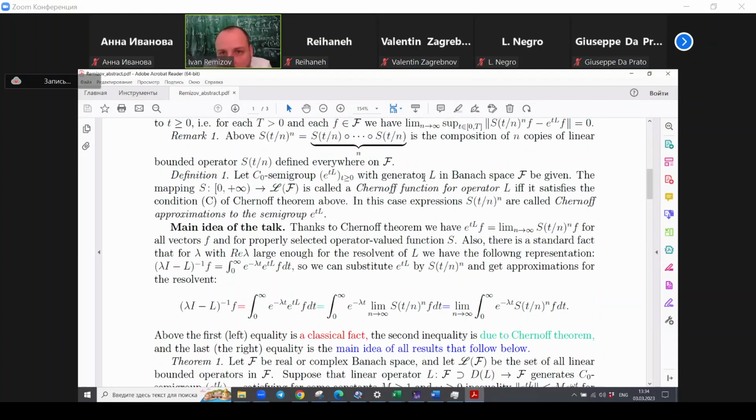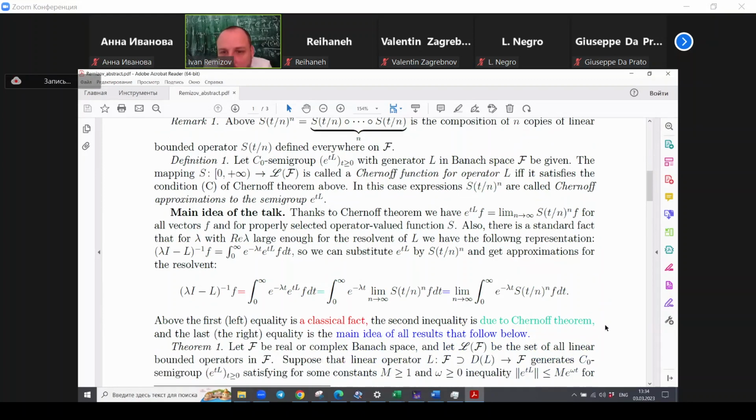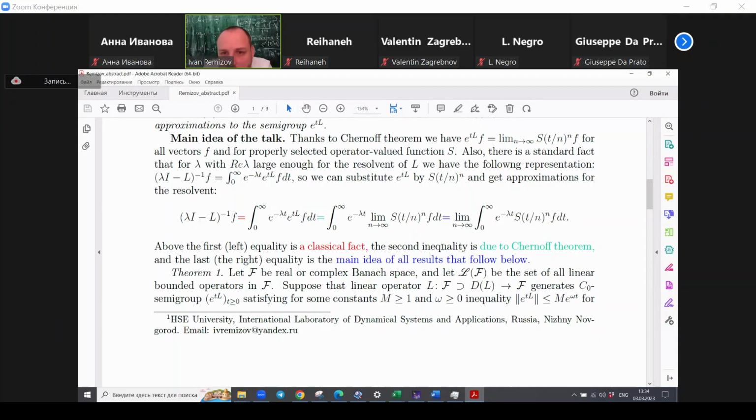In general case, the proof uses that Chernoff convergence in Chernoff theorem is so nice that we have this property, and this is just enough to prove that we can change order of integral and limit.